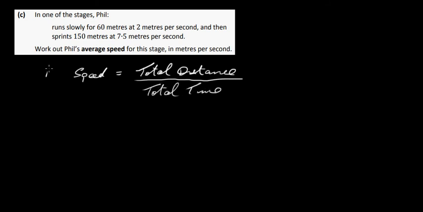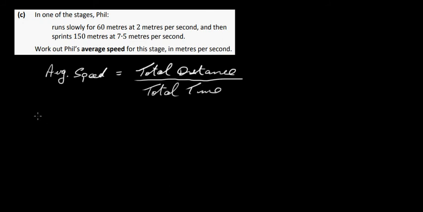So the average speed over a race is going to be the entire distance divided by her total time. So this is what we've got to work out, her average speed. So we've got to work out the total distance and the total time. Well, let's look at this particular stage and see what kind of distances and time she's doing.